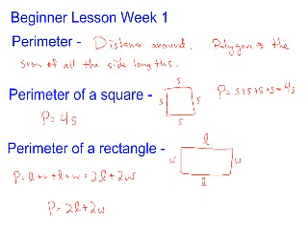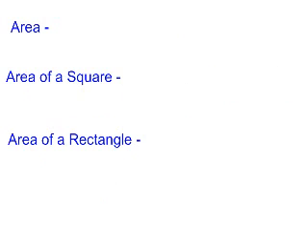Okay, we also want to find out what area is. And area is always going to be found by the number of squares, and the squares always have a specific unit.